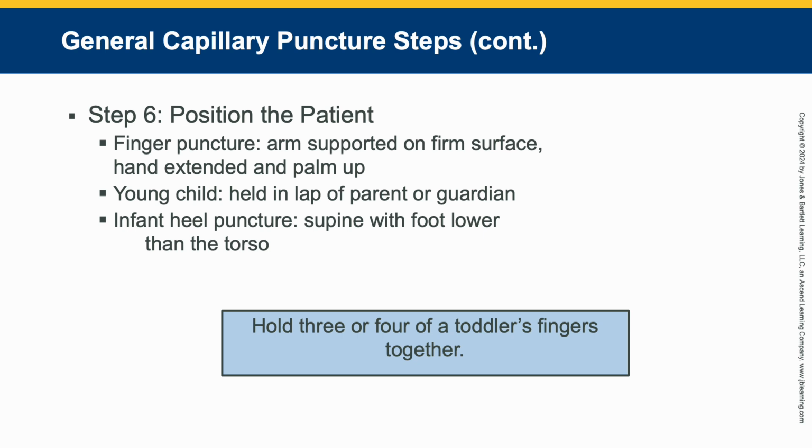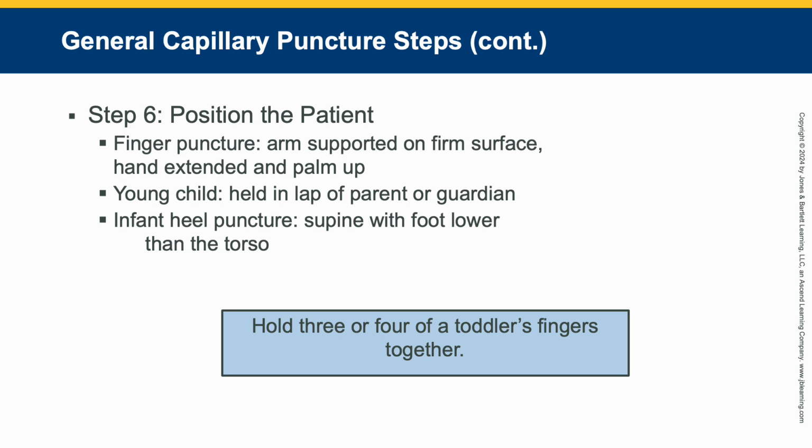If that parent or guardian is capable of holding them still while you stick their finger, that's fine. Infant heel puncture, they're going to be supine with a foot lower than the torso.